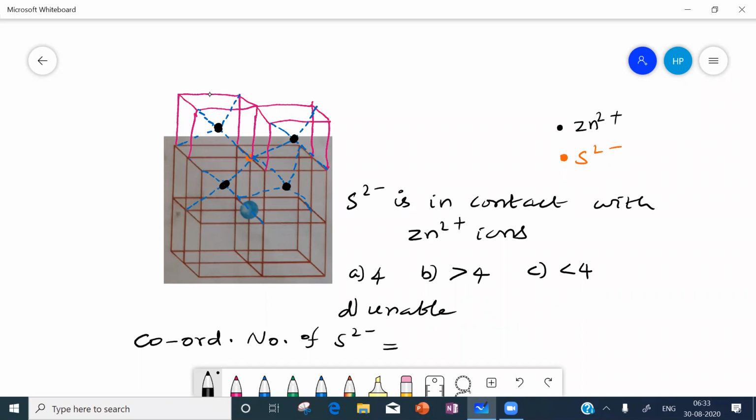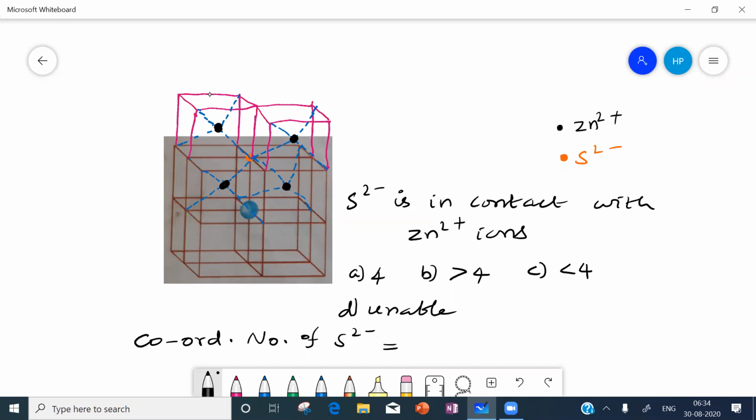It is in contact with one zinc ion here, one here, one here, and one here. So how many zinc ions is this sulfide in contact with?